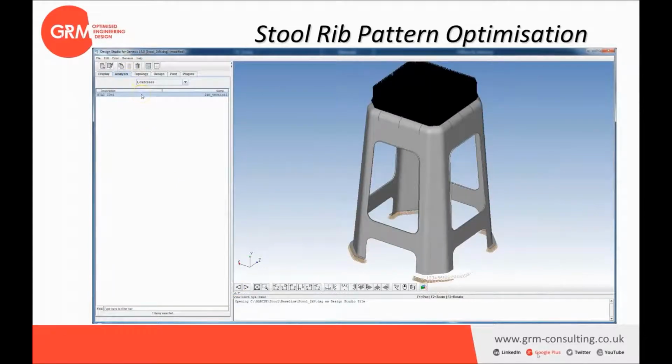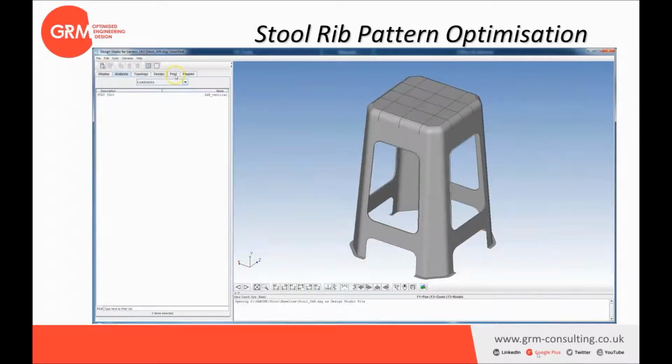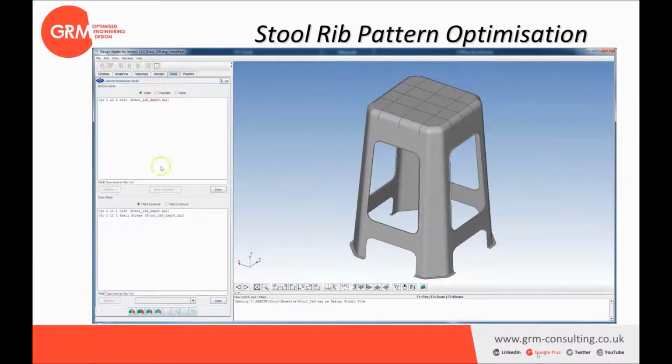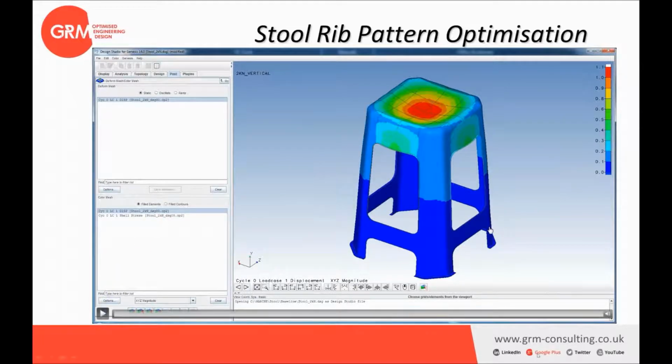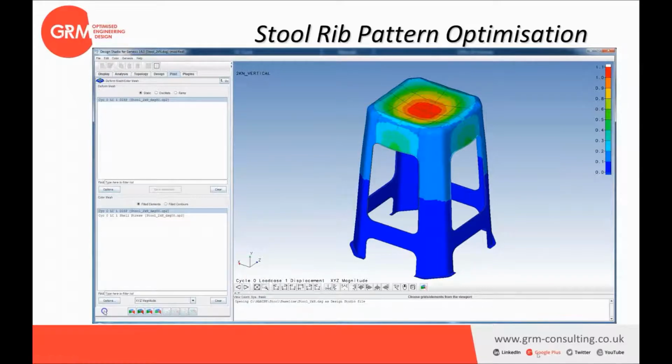And our goal is to optimize this rib pattern for a 2 kilonewton load case. The baseline performance that we are seeing now has a vertical displacement of 1.1 millimeter, and our goal is to optimize the rib pattern, but keeping the same performance as the baseline.